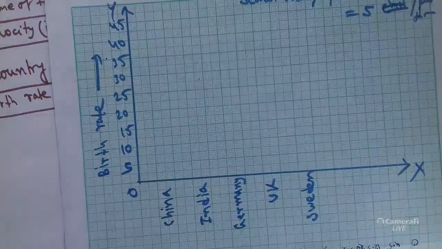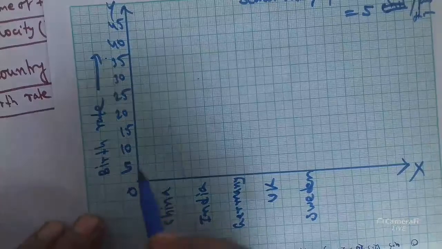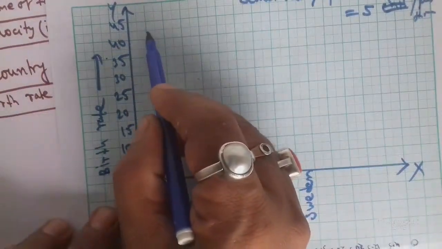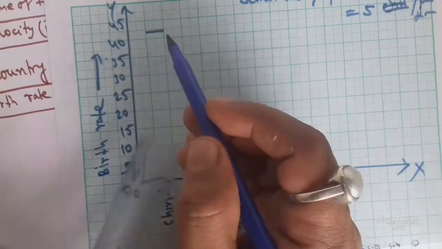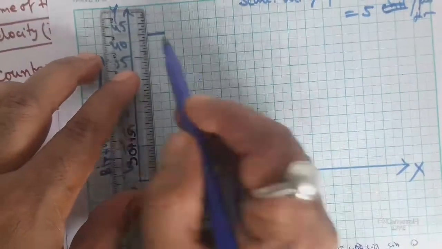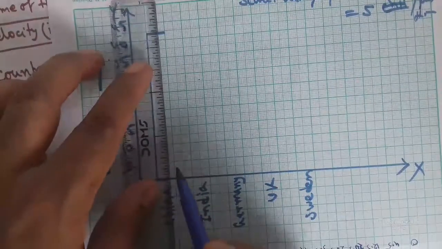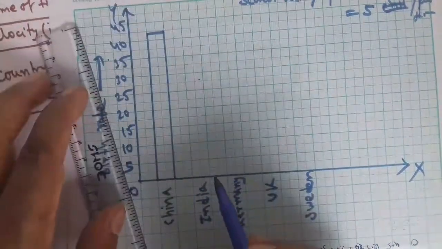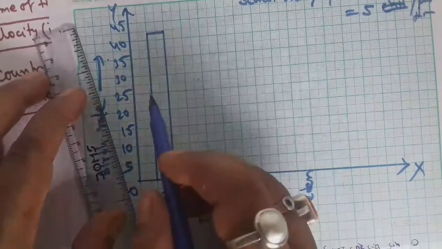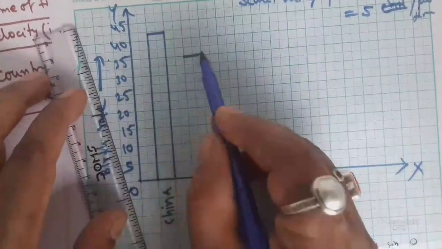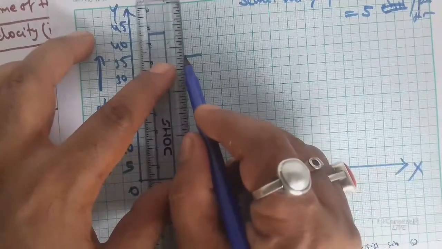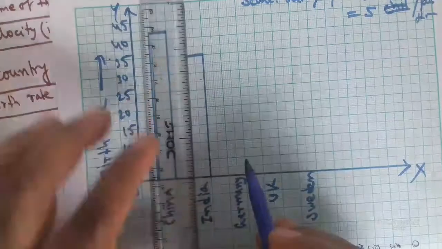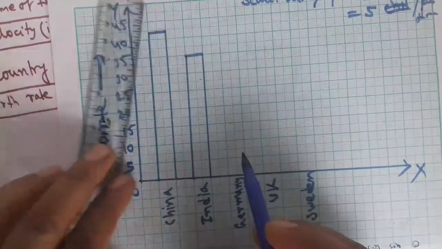Now China is 42. So where is 42? Here 40, 41, 42. This one is 42. So we have to draw the bar. Next is India. India is 35. So here it is 35. We have to draw the bar now. Next is Germany. Germany is 14.